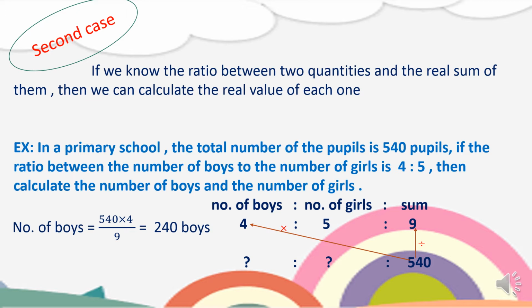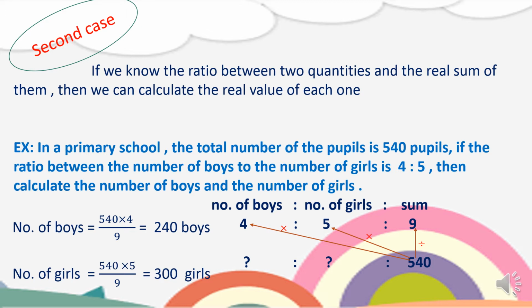Put it in a calculator and we get 240 boys. And to get the number of girls, I multiply 540 times 5 and divide by the third number, 9.